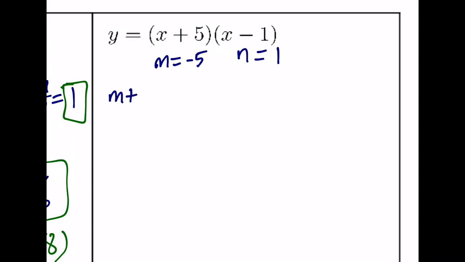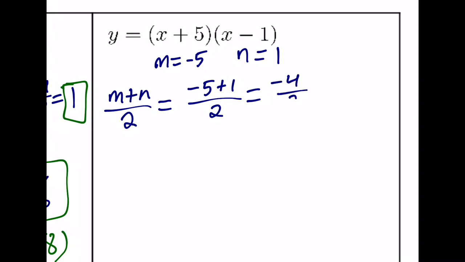We use our formula that m plus n divided by 2 equals the x-coordinate of the vertex. So when we plug in these values, -5 plus 1 divided by 2, we get -4 divided by 2, which is just -2.